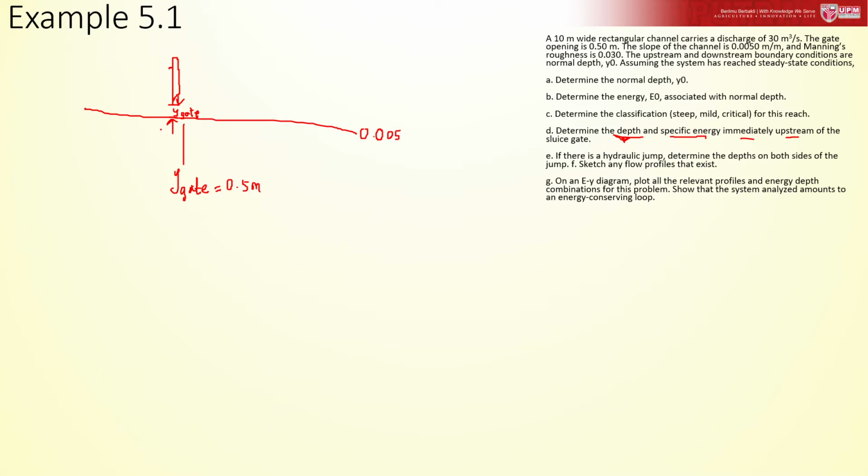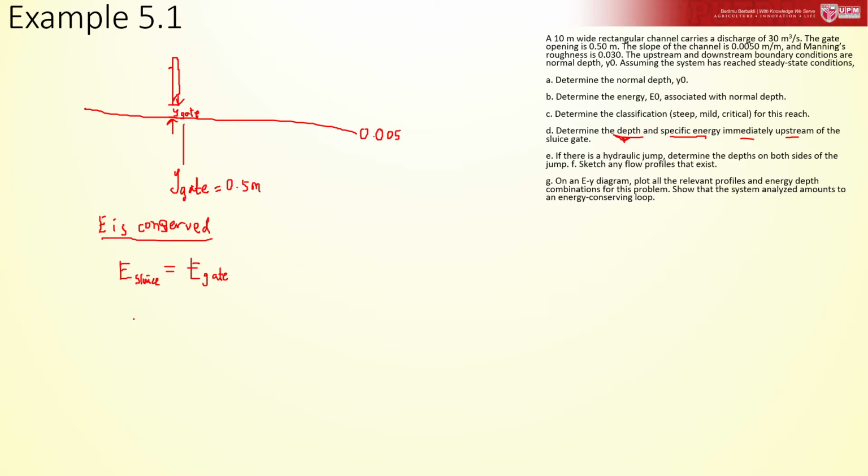Okay, so in the case of a sluice gate, we have learned before that energy is conserved, right? Energy is conserved. So when energy is conserved, energy at the sluice gate is equal to energy at the gate.